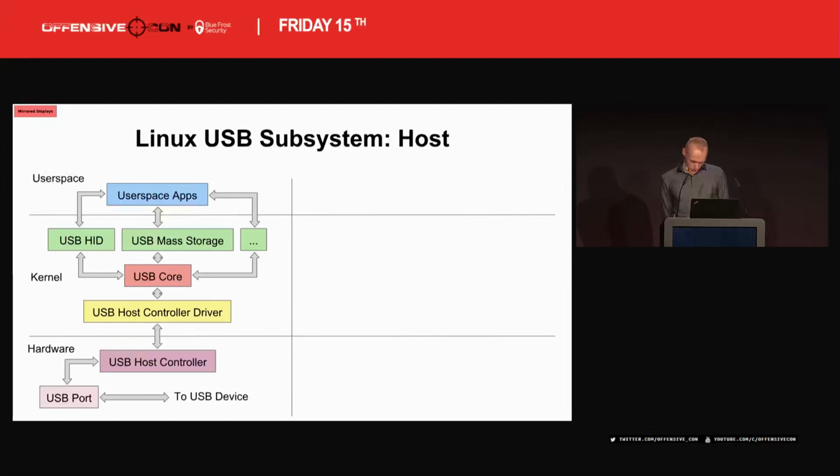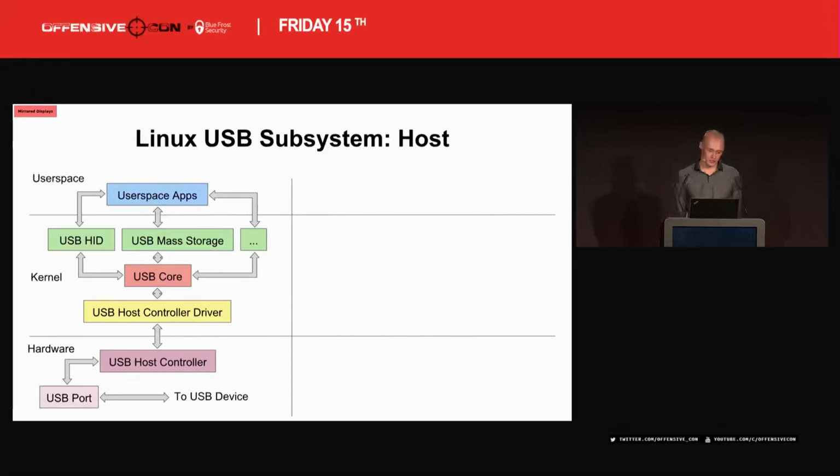The USB host controller drivers communicate with the USB core with a standard API, and basically pass the packets, the messages they receive from the device, to the USB core. Based on those messages, USB core figures out what to do with the device, what to reply, and whether it should load any drivers.